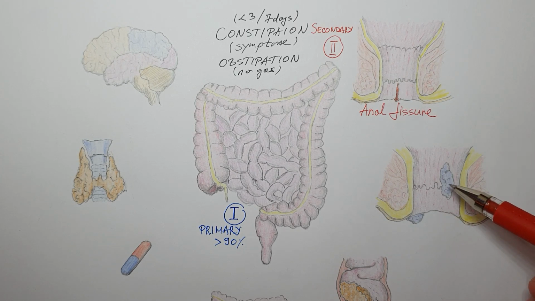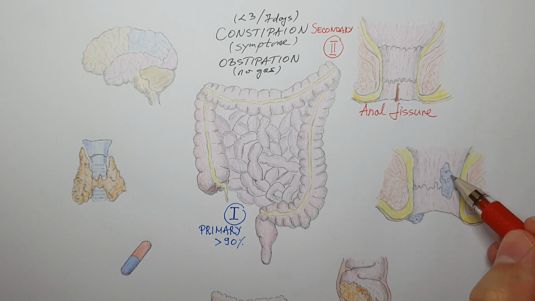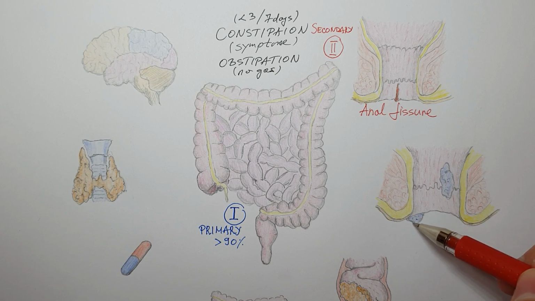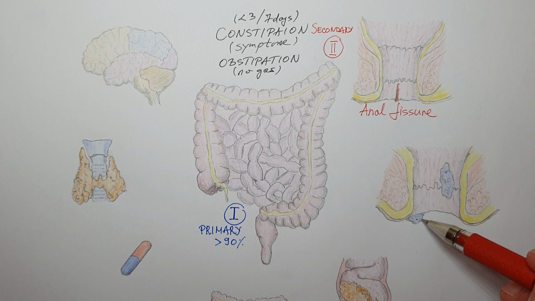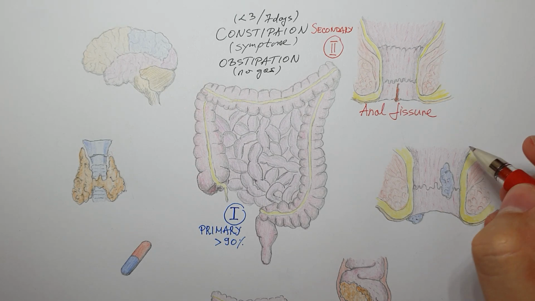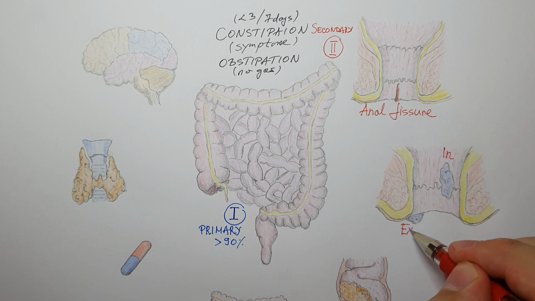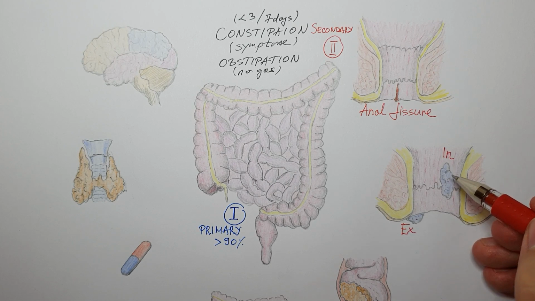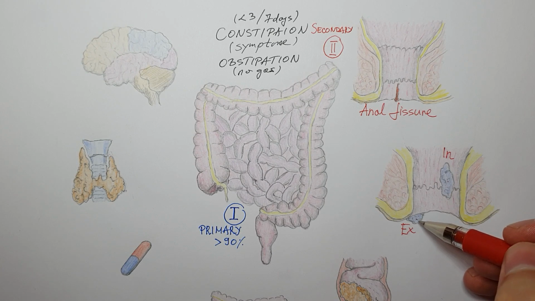Also, here we have hemorrhoids. These are internal hemorrhoids that are in the anus, and when they are out of the anus, when you can see them, they are external hemorrhoids. So these are internal and these are external hemorrhoids. Internal hemorrhoids do not cause pain most of the time, but external ones are painful.